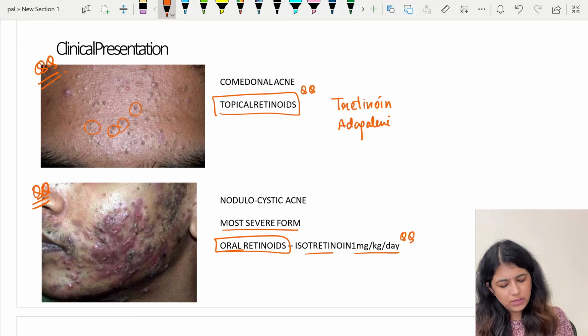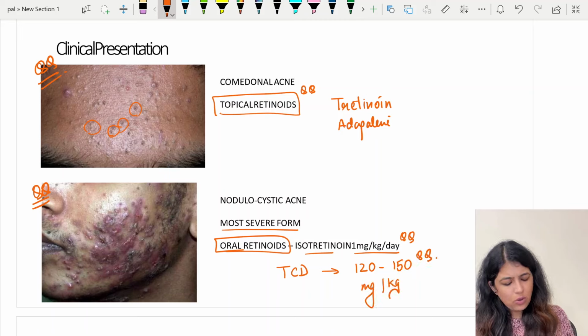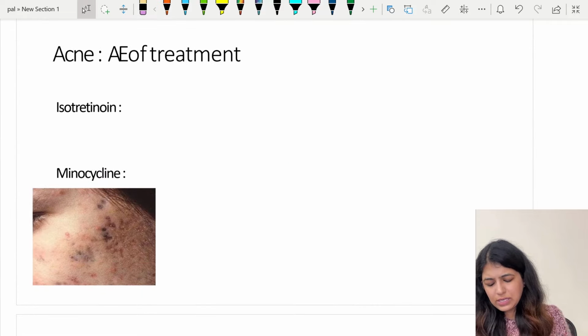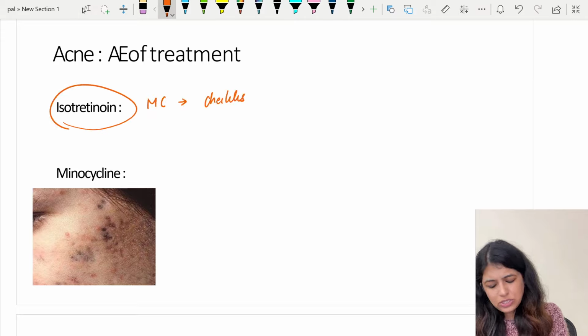The dose is important. Then a question on the total cumulative dose has also been asked, which is 120 to 150 mg per kg. So TCD of isotretinoin is 120 to 150 mg per kg. Some important adverse effects, isotretinoin. Most common side effect is cheilitis, that is dry chapped lips.